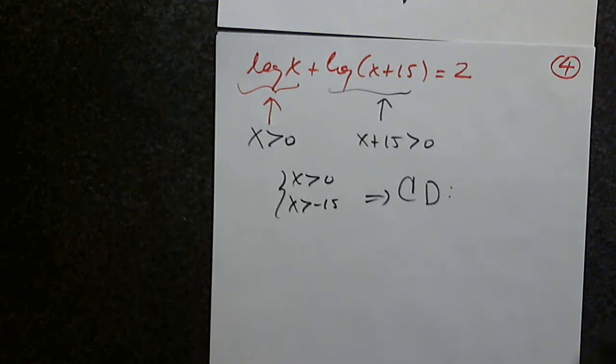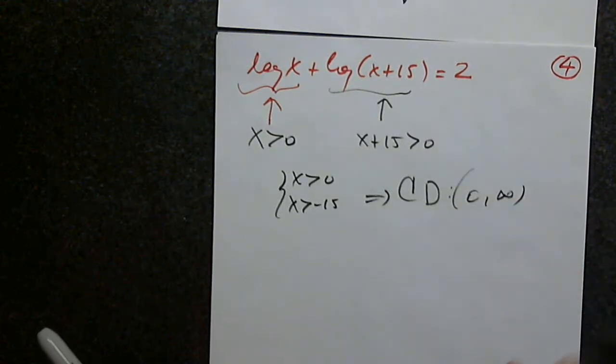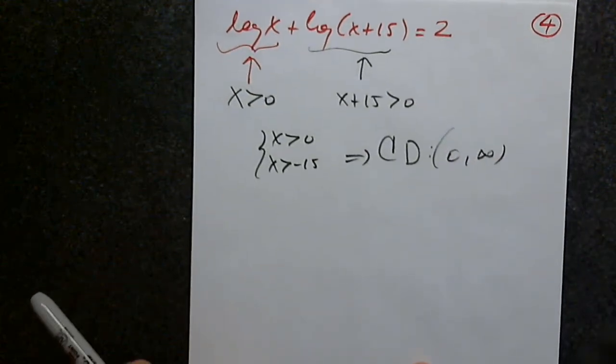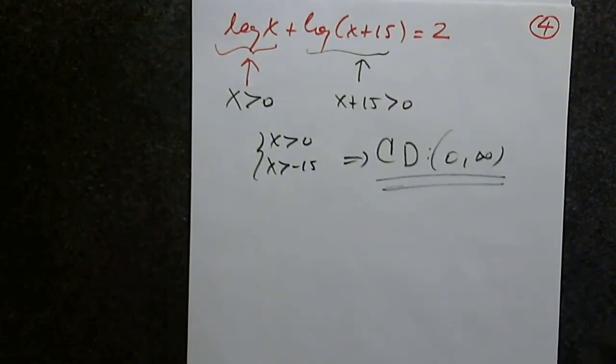So negative 15 to infinity, and 0 to infinity. I need both at the same time. Of course. Very good. Or you can graph it, right? So if I don't get solutions that are strictly positive, not even 0, then I will disregard them.